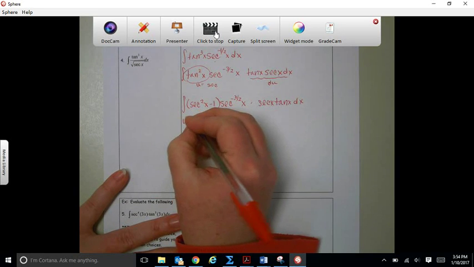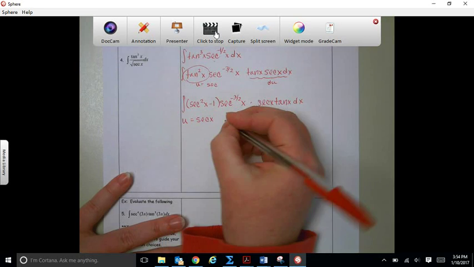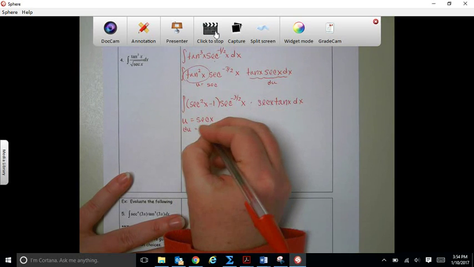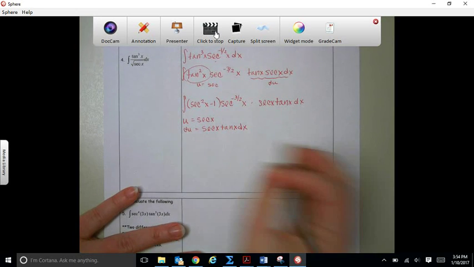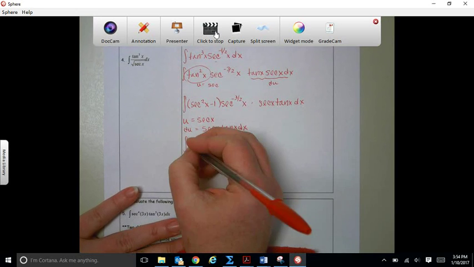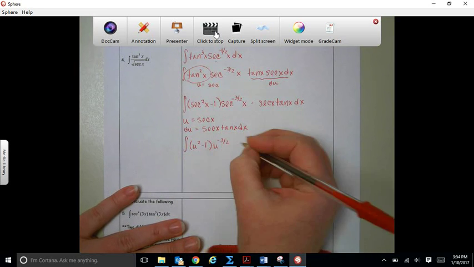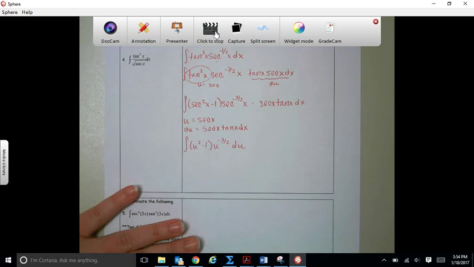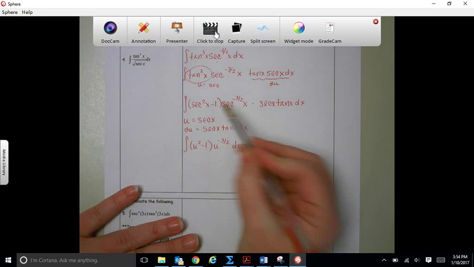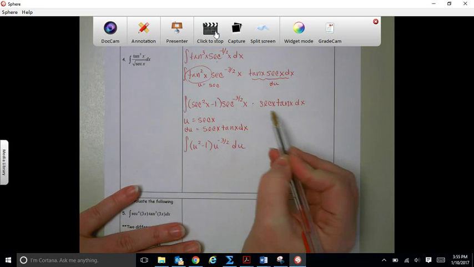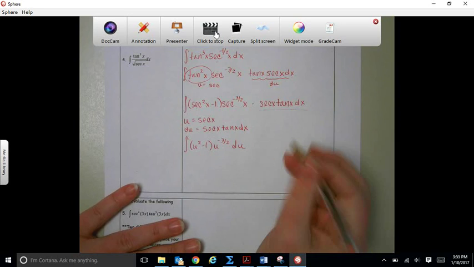So let's do our u step. U is secant x. du is secant x tan x dx. That makes me happy. Okay. So after I plug in my substitution, I have u squared minus 1 times u to the negative 3/2 du. And now I can FOIL and just do my power rule.